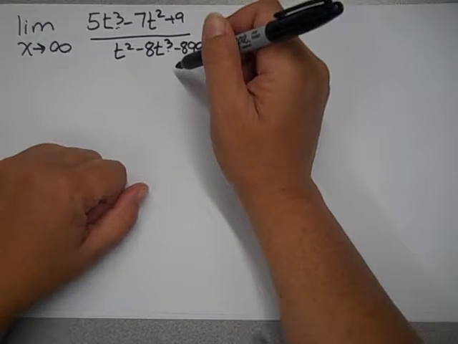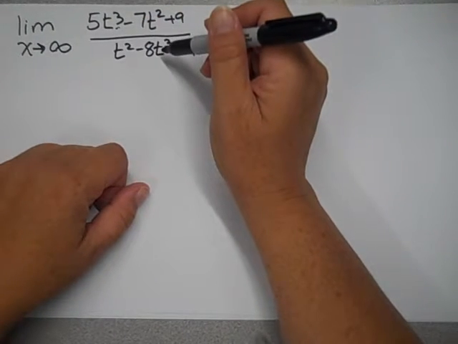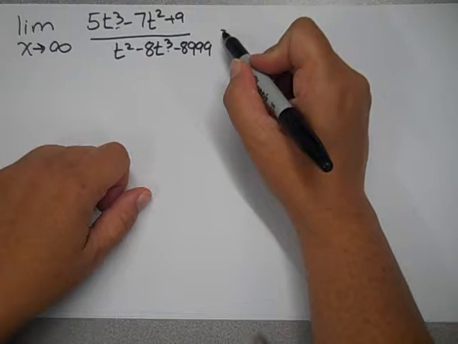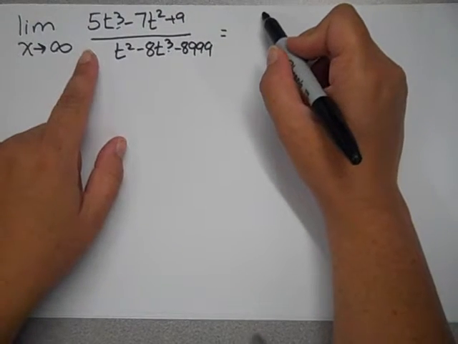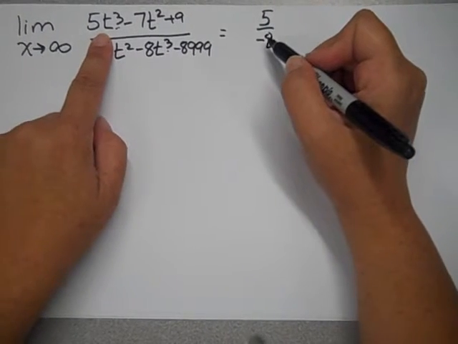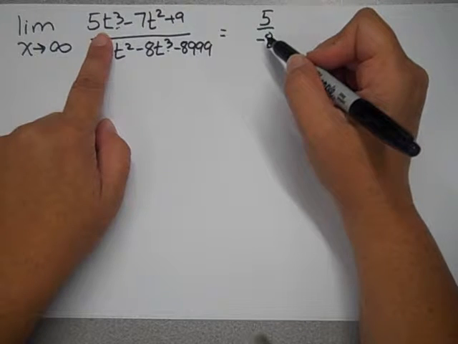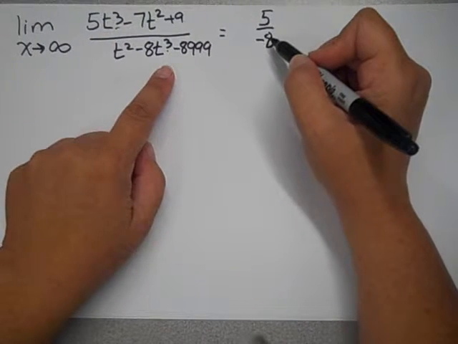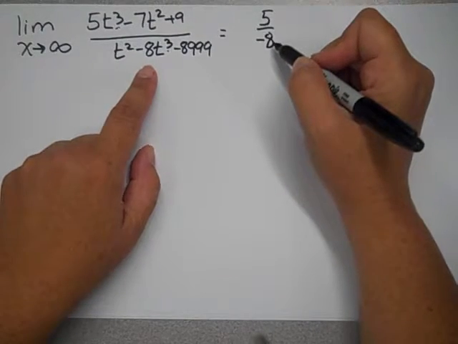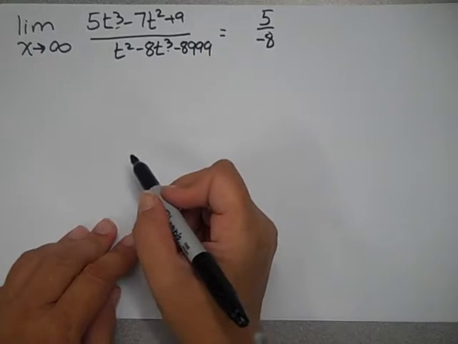So if you remember from your rules, that means that our solution, our limit, therefore, is going to be a ratio of the numerator to the denominator. So in this case, as it goes towards positive infinity, we'd have a 5 and a negative 8, but this t cubed, oh, that's going to be positive, right? So it'll keep it 5. This t cubed is going to be positive, so it'll keep that negative 8. So no problem, we get 5 over negative 8, negative 5/8.